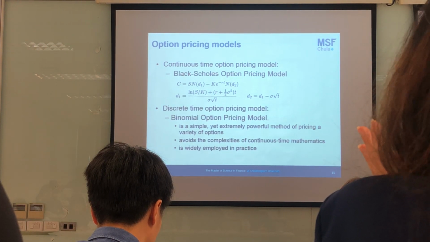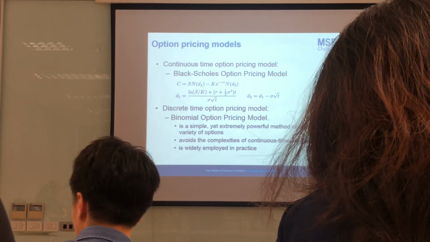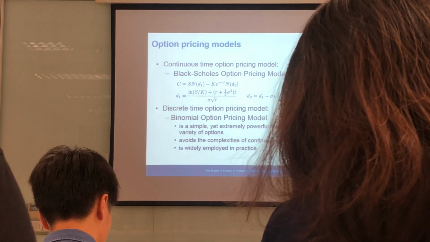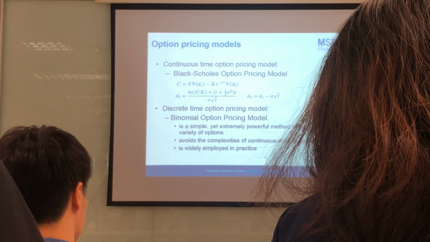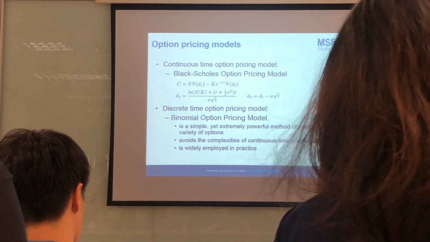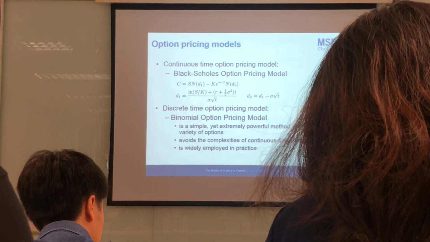Okay, this model was proposed in 1973 by these two academics, Professor Black and Professor Myron Scholes. In this formula, C is the value of the European call option today.